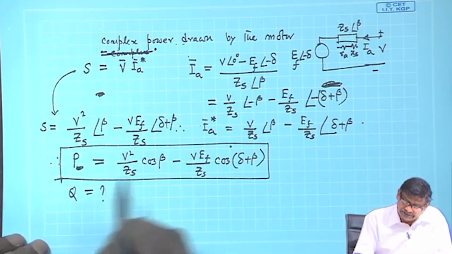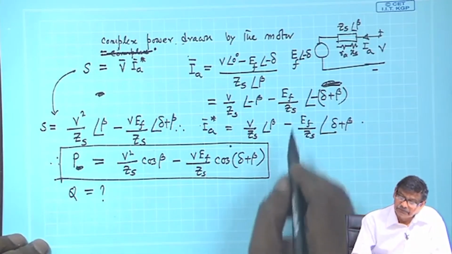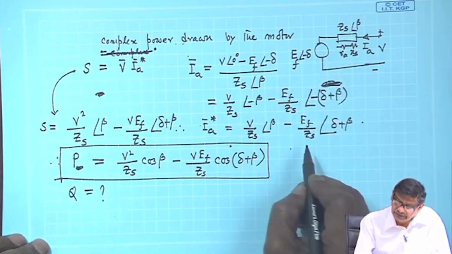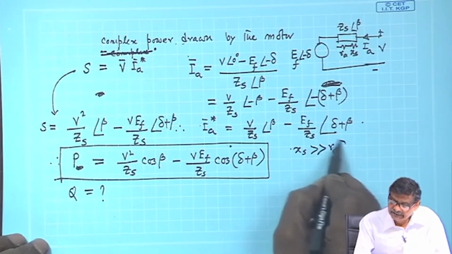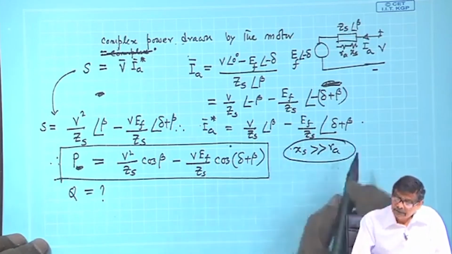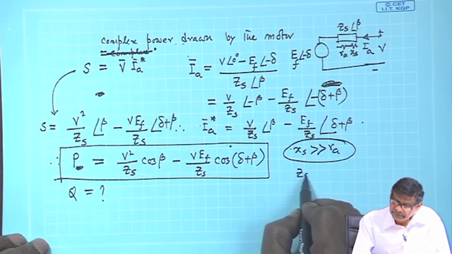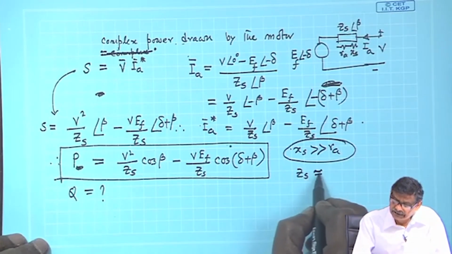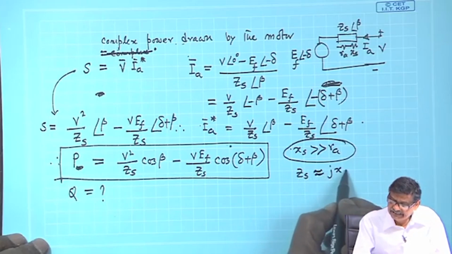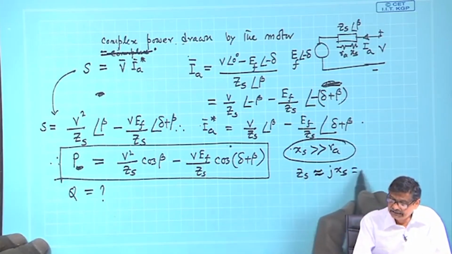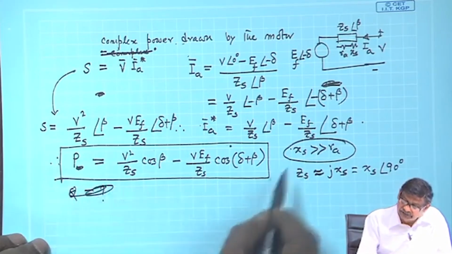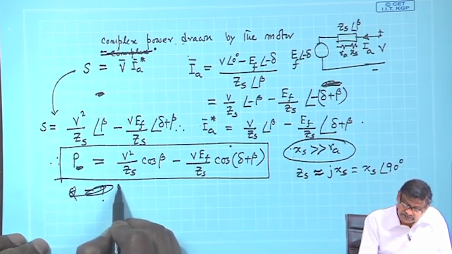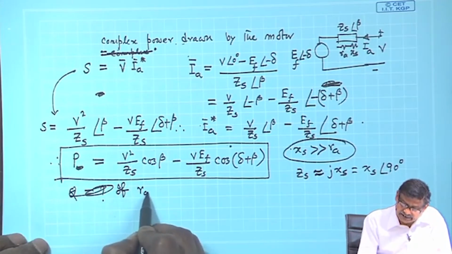But one result is important, which is a special case: since X s is much higher than R A, Z s can be written approximately as j X s only, which is nothing but X s angle 90 degree. So, for this case, R A is neglected.